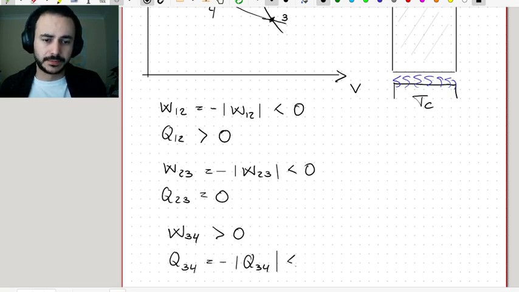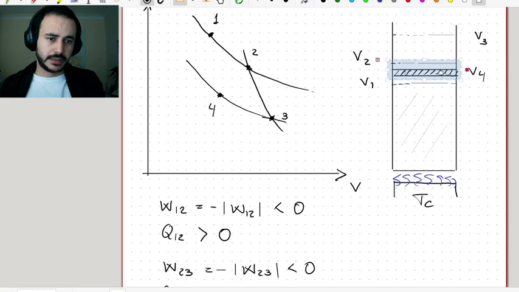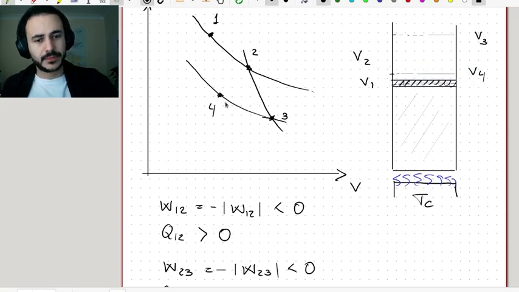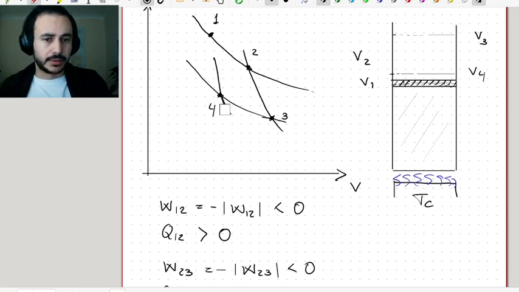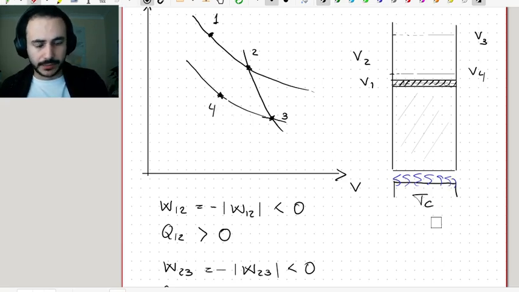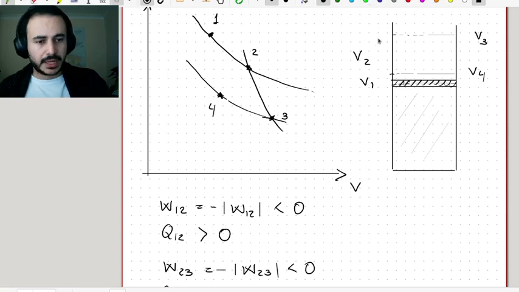So we release some heat, we go up to 4, and then the final bit of the process is to close the cycle. To close the cycle, I just have to move my piston to where it was before. So I have to do something else. I have to switch off this heat bath, of course, and insulate my piston thermally again.